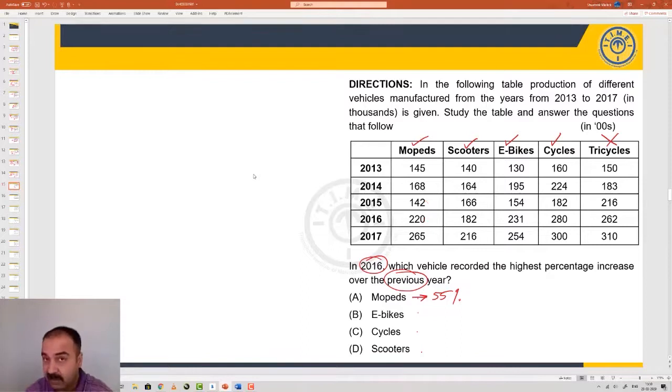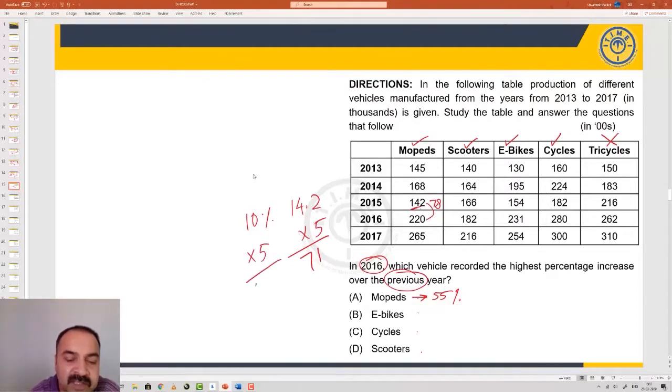I'll repeat again so that we do the same job for the next pair of numbers. 142 to 220, we have grown by 78. We want to compare the growth with respect to the previous year. So 10% is 14.2, 14 fives are 70, 0.2 fives are 1, 70 plus 1 is 71. 71 out of 78 is achieved by moving 10%, which was 14.2, and multiplying it by 5 times.